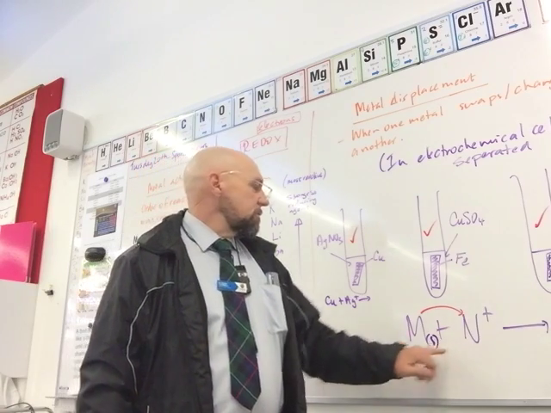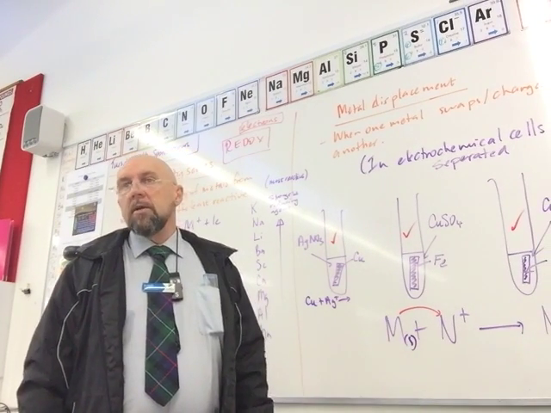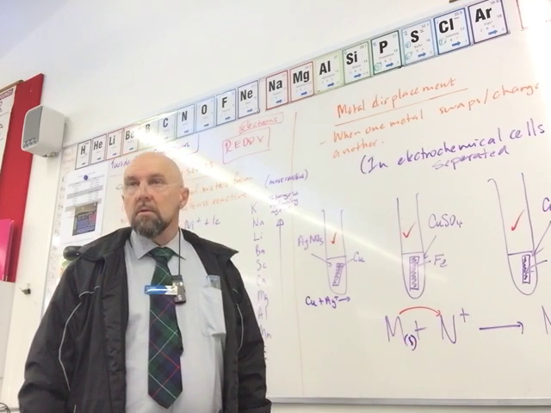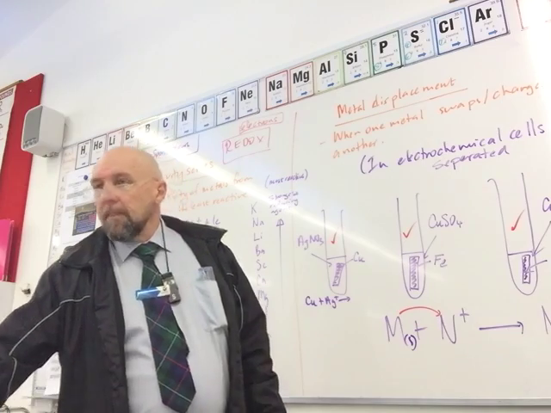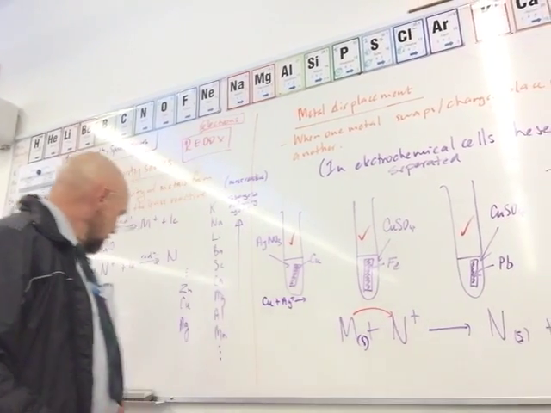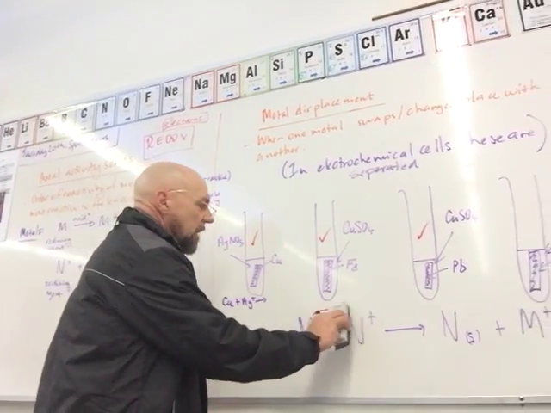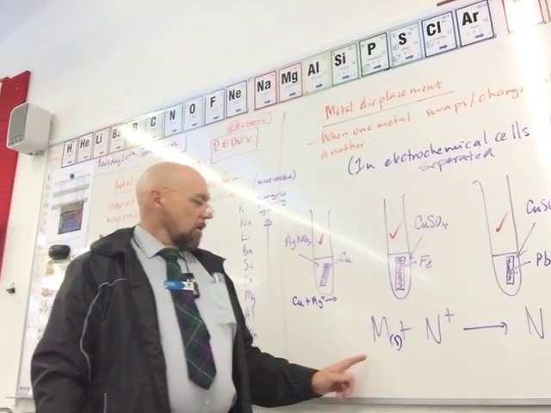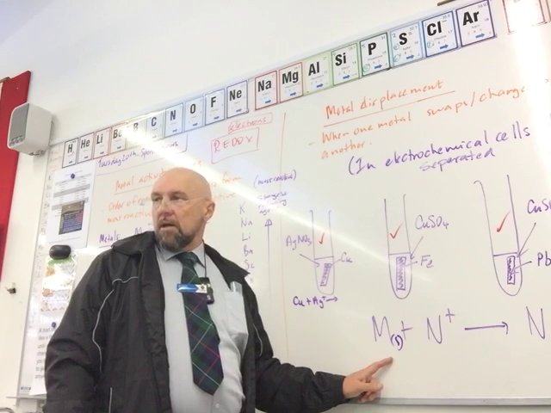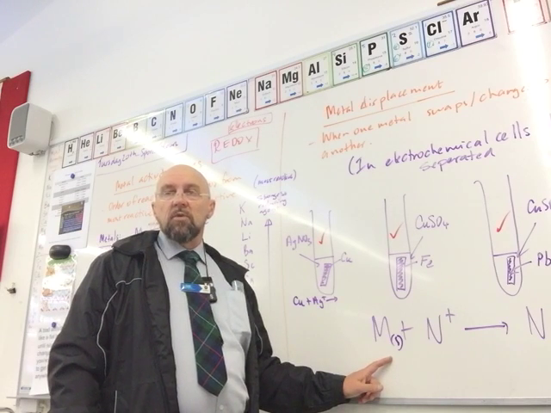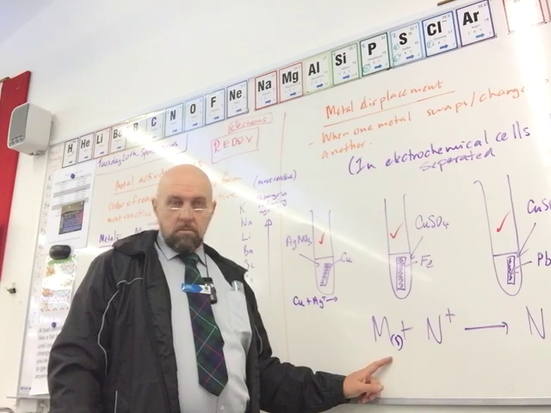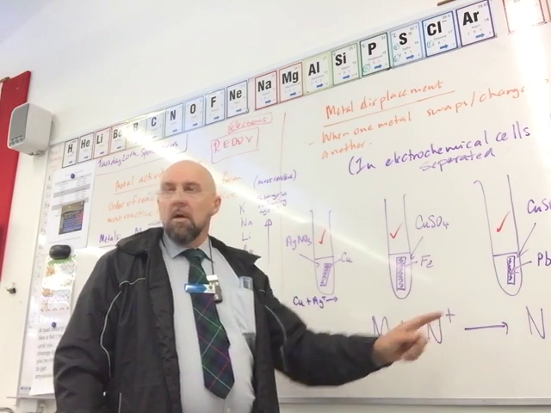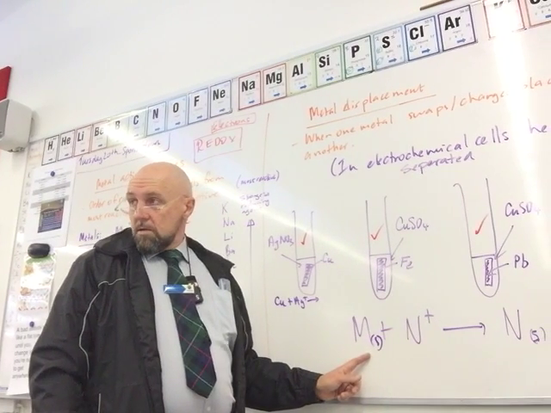Of these two chemicals, which is undergoing oxidation and which is undergoing reduction? I'll redraw the little picture. What direction are electrons going to flow? Which one is undergoing oxidation, which one is undergoing reduction? M to M plus, is that reduction?